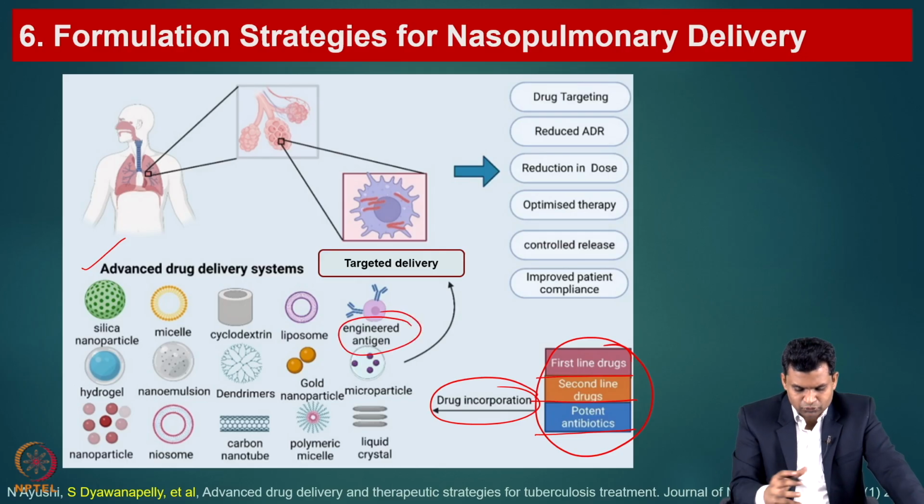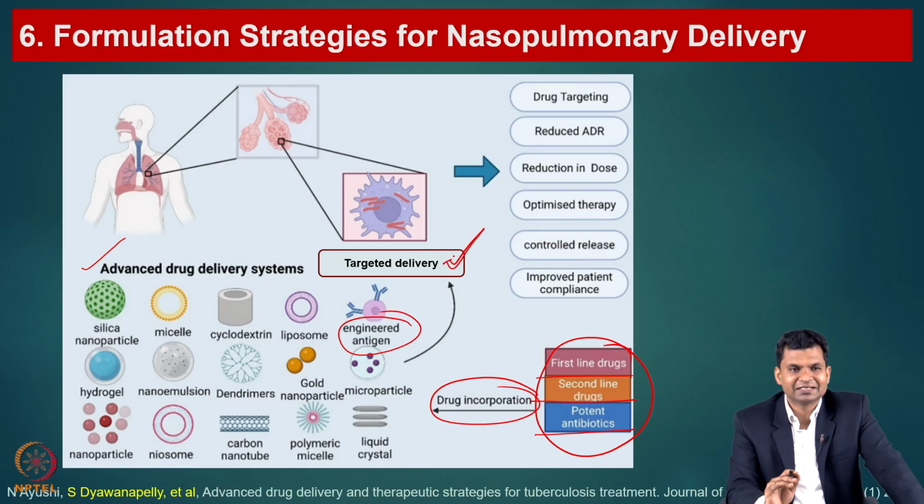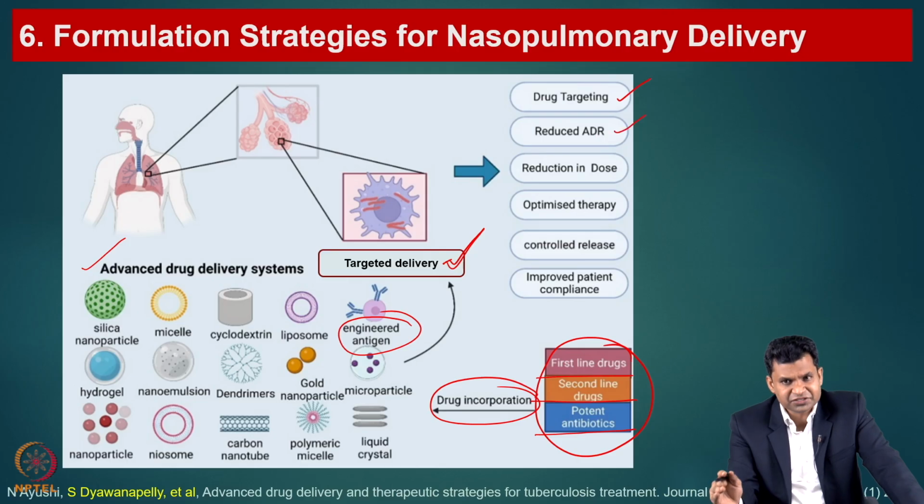So, we need to encapsulate the drugs into these, and then if you give it to the patient, definitely we can expect targeted delivery with such nanosystems or targeted delivery systems. So, what are the advantages of these formulation strategies? We can expect drug targeting by using the nanocarriers, and we can also reduce the adverse drug reactions.